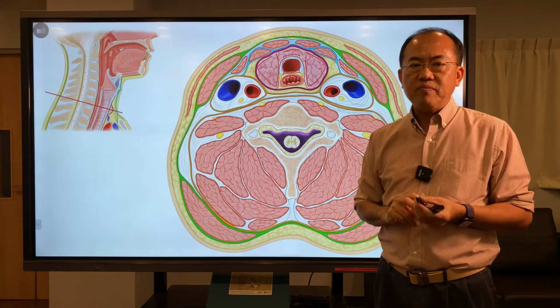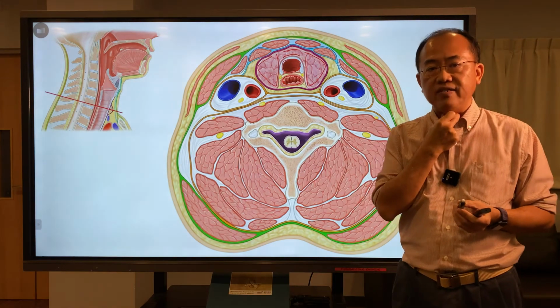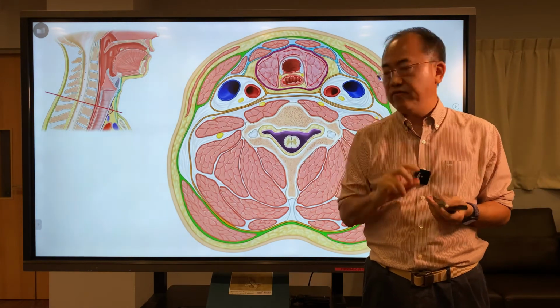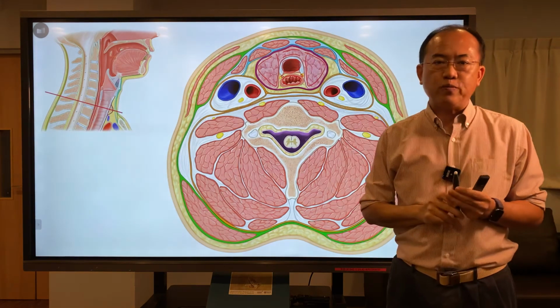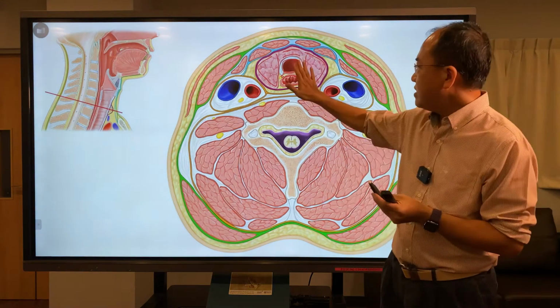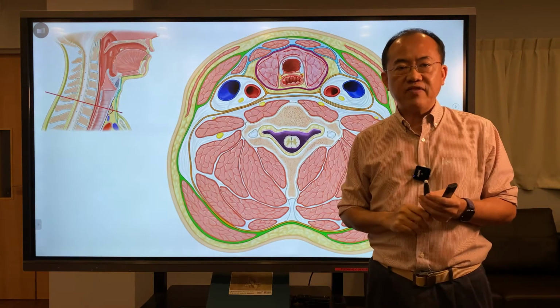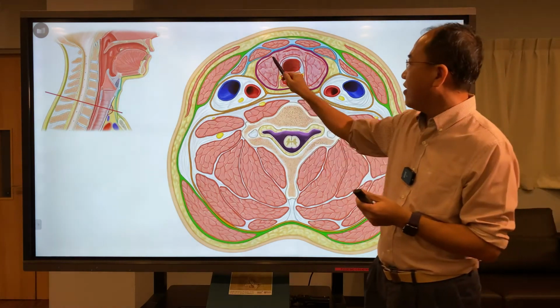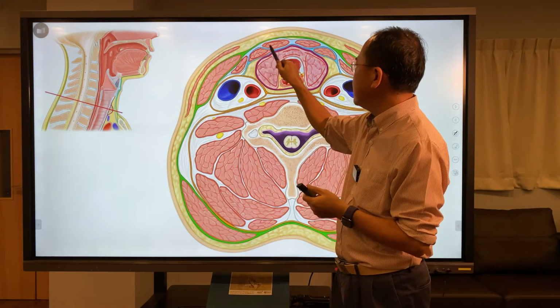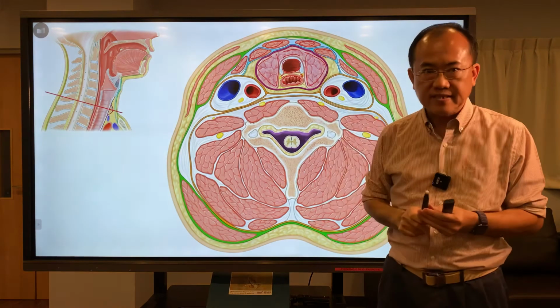Remember just now we mentioned one of the nerves that supplies the larynx, the recurrent laryngeal nerve. The recurrent laryngeal nerve runs between the two tubes. So these are important deep relations of the thyroid gland. Superficial to the thyroid gland, of course, we have the strap muscles.